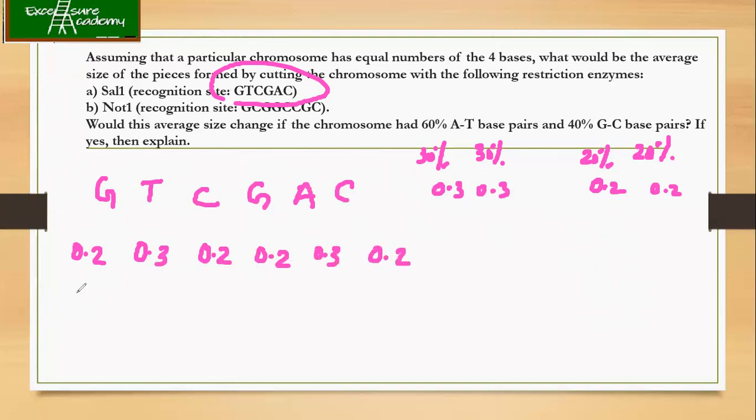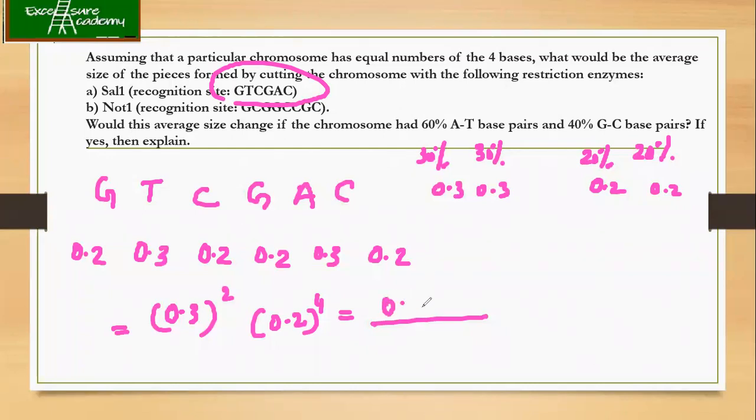On multiplying, what you are getting is 0.3 squared and 0.2 to the power 4, so you are going to get some value. How much do you get on multiplying? You are going to get 0.000144.